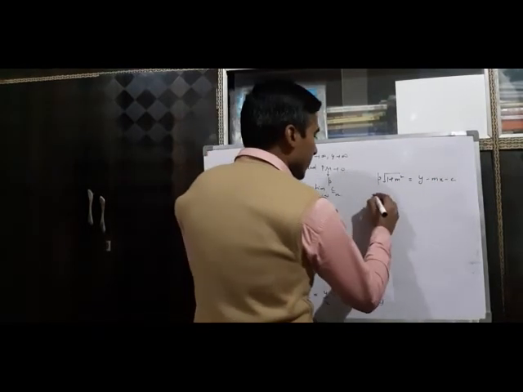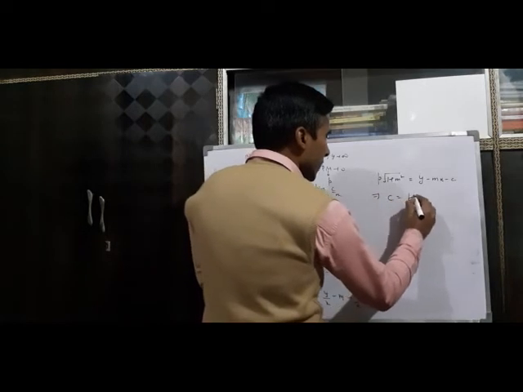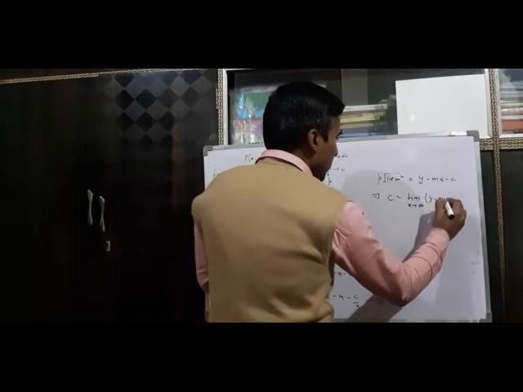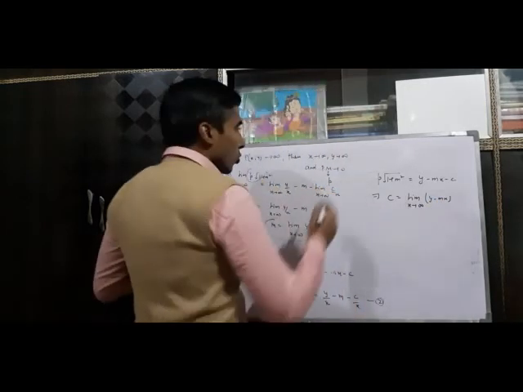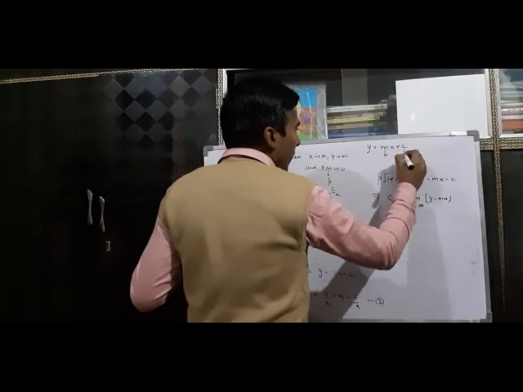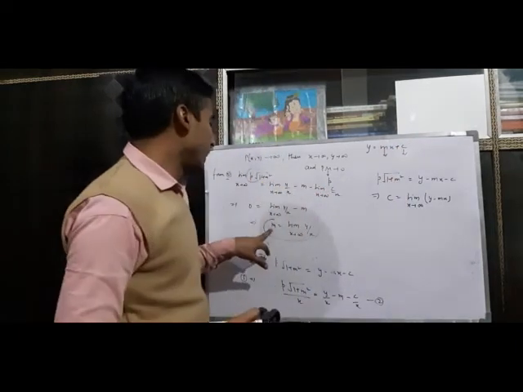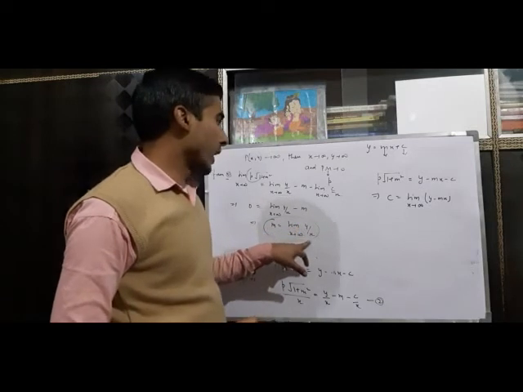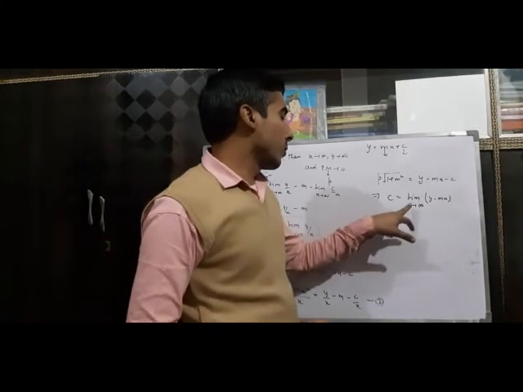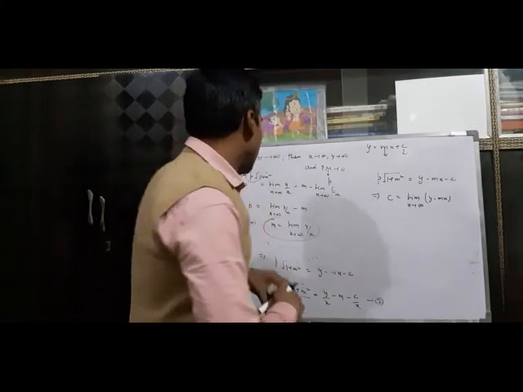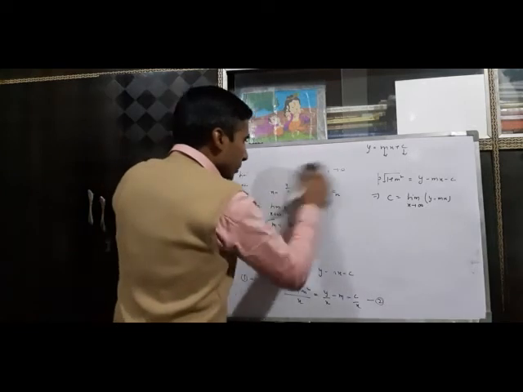So we will get c is limit x tends to infinity, y minus mx. So to determine the oblique asymptotes, we have to find the value of m and c. And m can be found with the help of this limit x tending to infinity, y upon x, and c can be determined by this limit x tending to infinity, y minus mx. Now we consider an example on the basis of this.